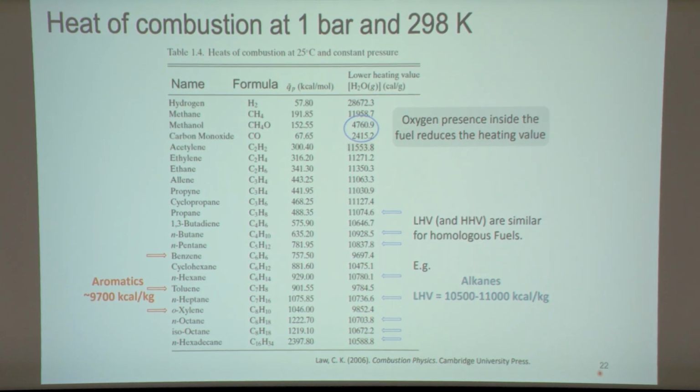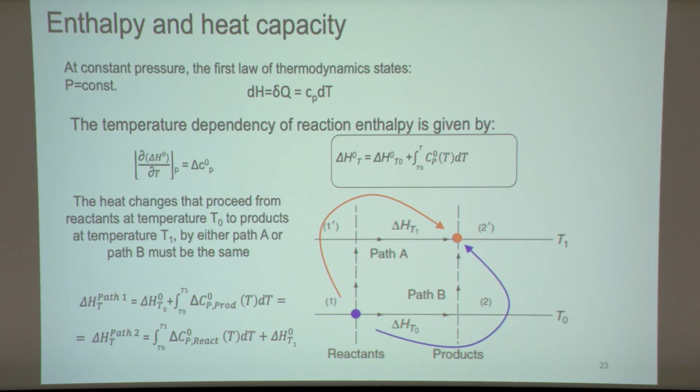Okay. Then this is a heat of formation. From the heat of formation, from the change of enthalpy, we can also get the heat capacity. Change of enthalpy is simply the heat capacity as it changes with temperature, so dH is Cp dT.